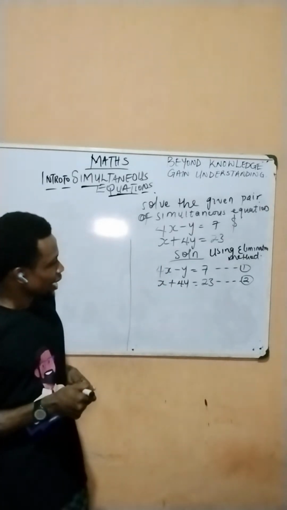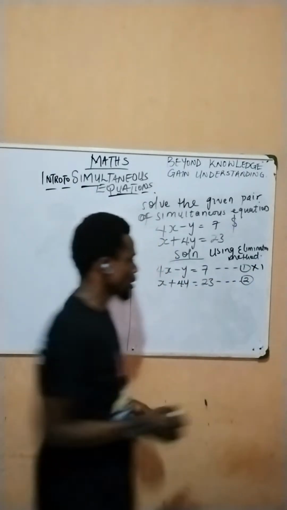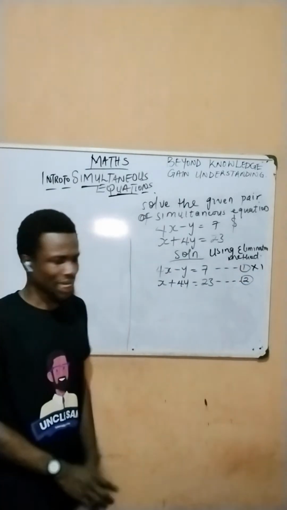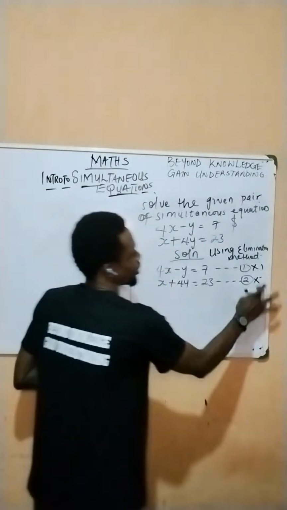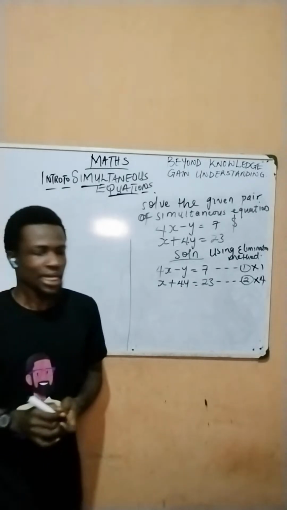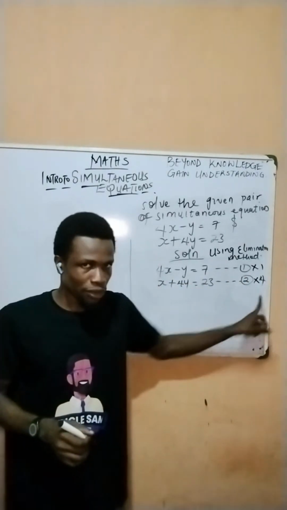So here, I can decide to multiply equation 1 by 1, and then this equation here, I can multiply by 4. Yes, I can decide to multiply here by 1 and also multiply here by 4.